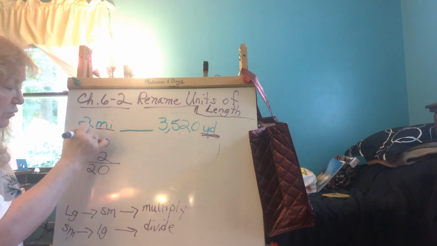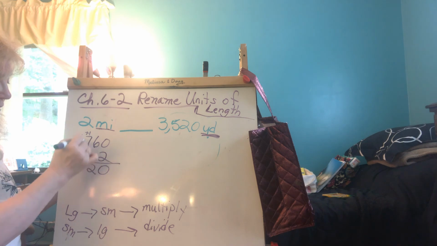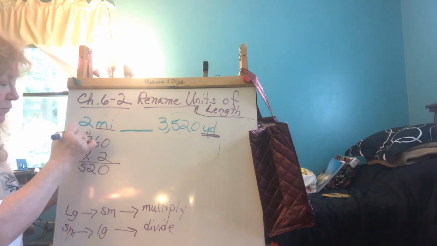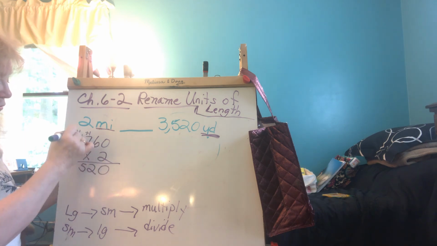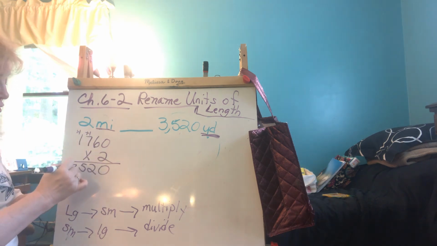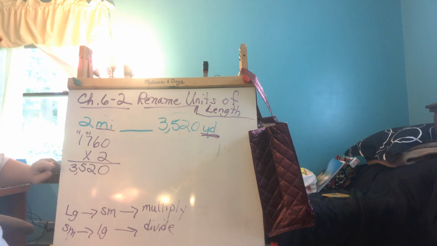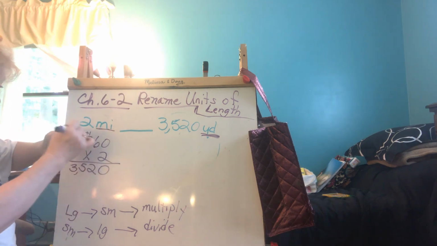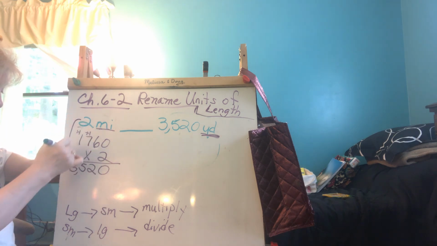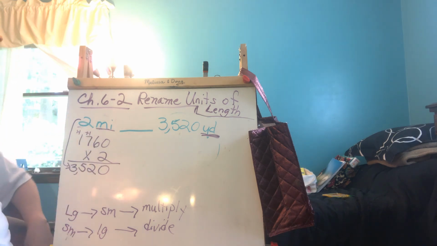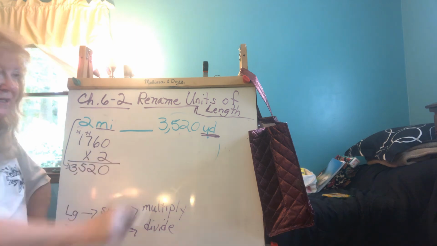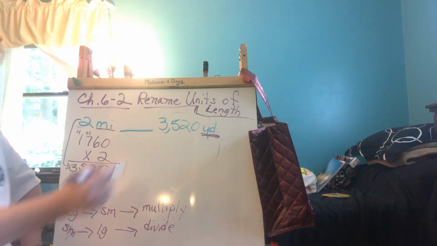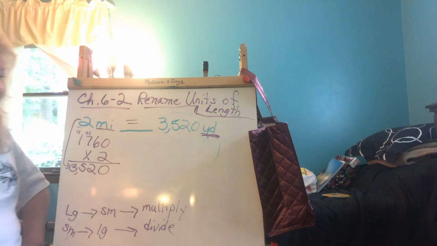Put down the 2, regroup the 1. 2 times 7 is 14, plus 1 is 15. Put down the 5, regroup the 1. 2 times 1 is 2, plus 1 is 3. 3,520. That's what this equals. 2 miles equals this. These two are equivalent. Now, what about this to this? Is it greater than, less than, or equal? Right. It is equal to each other.